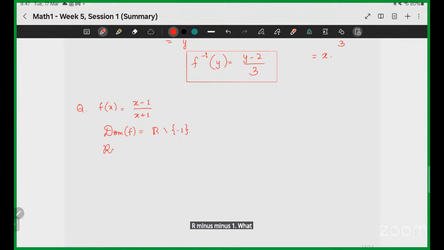What is the range of f? That is R. You will probably not get all of R. What value will you not get?